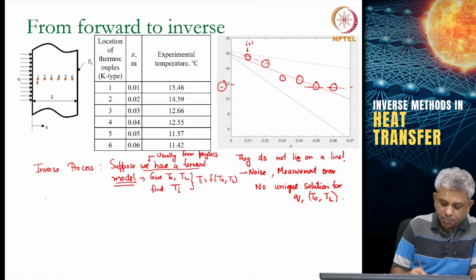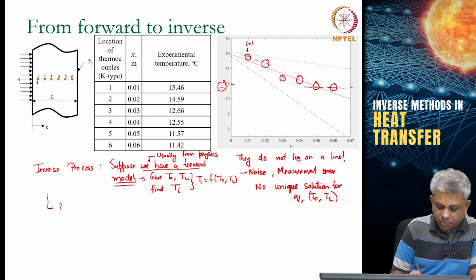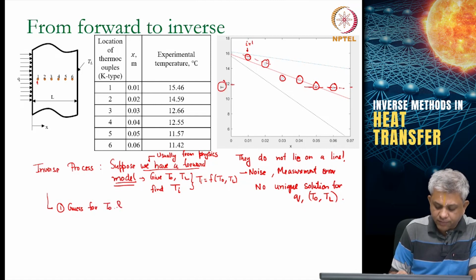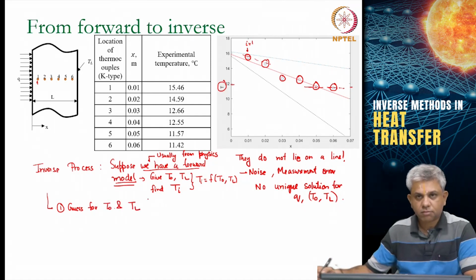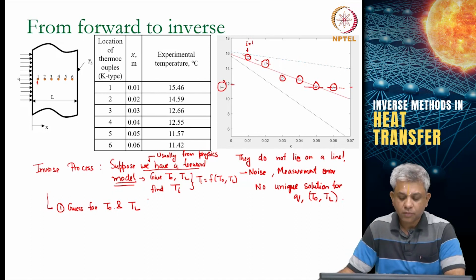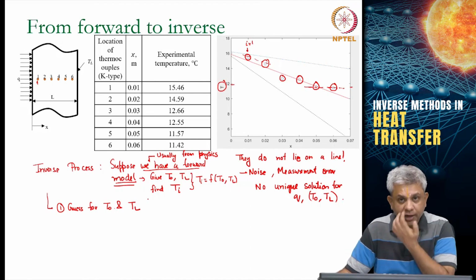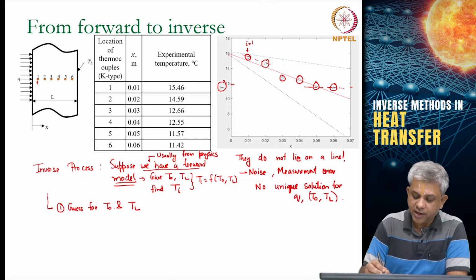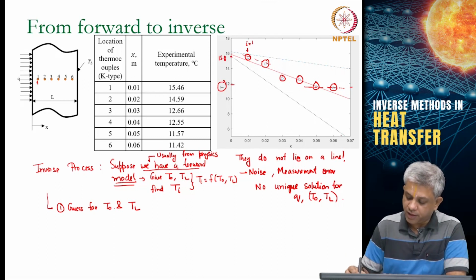So what is the process? The process starts as follows. Step 1, guess for T0 and TL. So what do I mean by that? Suppose I guessed T0 is, let us say, 15.8 and TL is approximately, let us say, somewhere around 4.5.